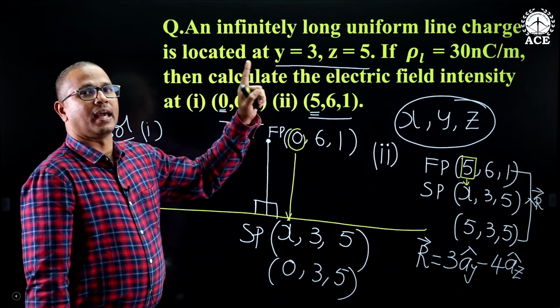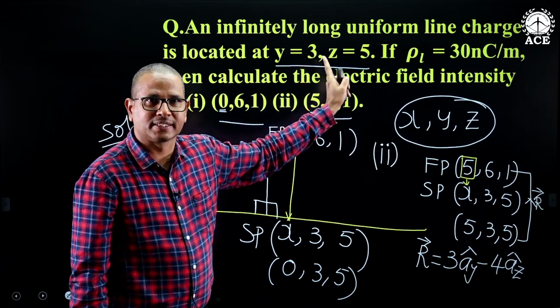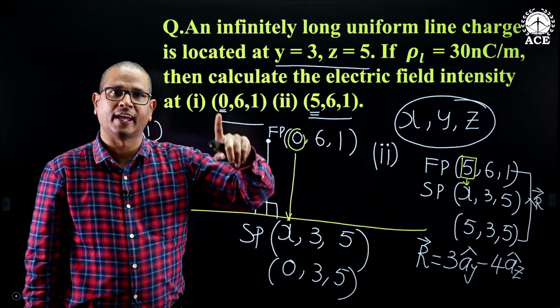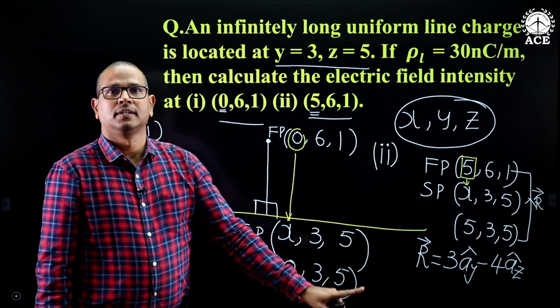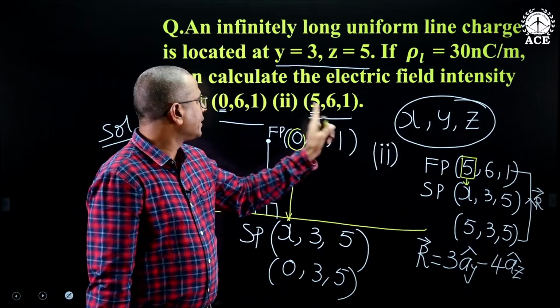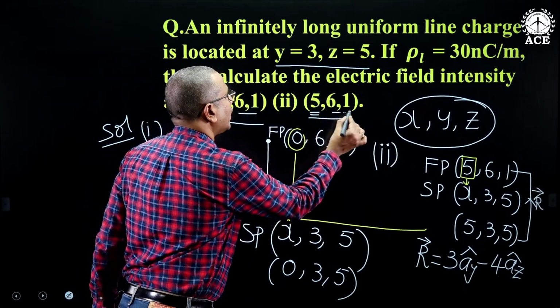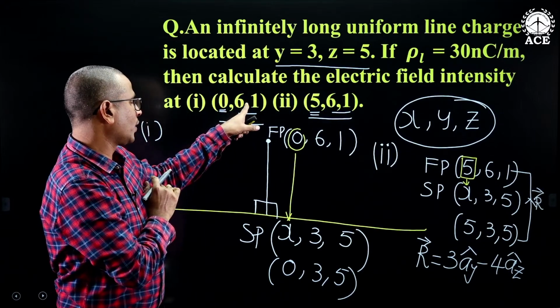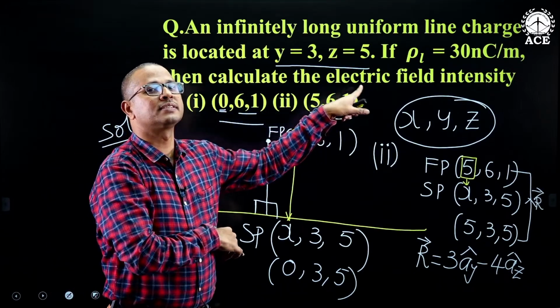So why is it not changing? Look, as the given line is parallel to the x-axis, the resultant field is independent of the x coordinate. It will depend on whom? Y and z coordinates. Look at the first and second bits. First bit y and z coordinates 6, 1. Second bit also 6, 1.